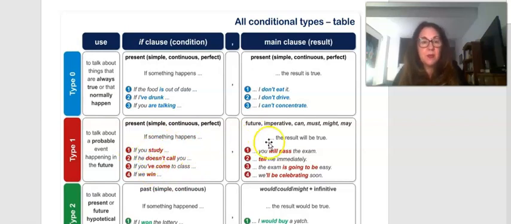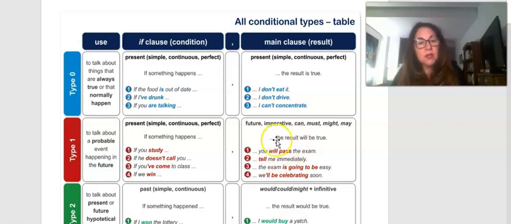Now the result clause in type 1 will most commonly be the future, you will pass the exam, but it can also be the imperative. For example, in number 2, if he doesn't call you, simple present, tell me immediately, imperative, an order.